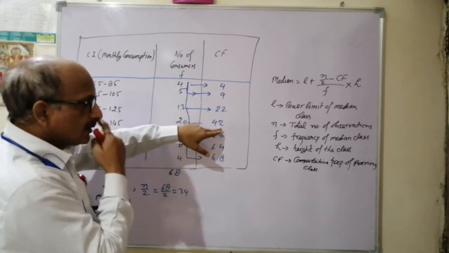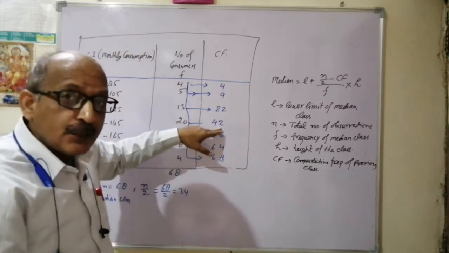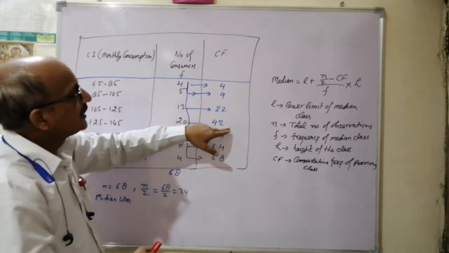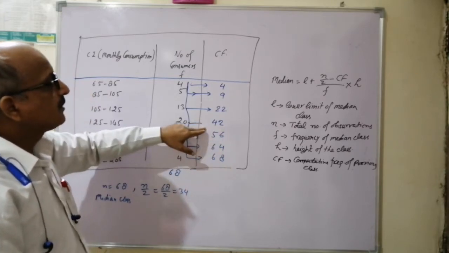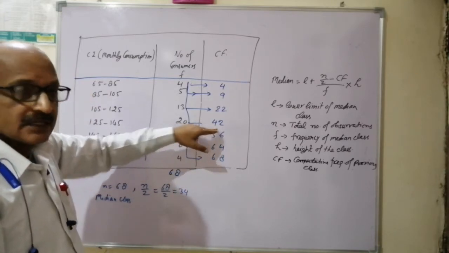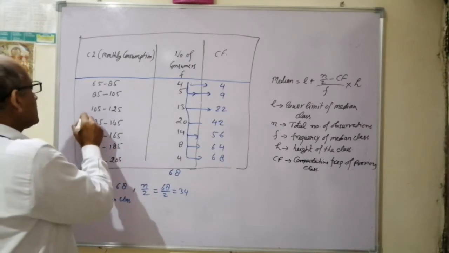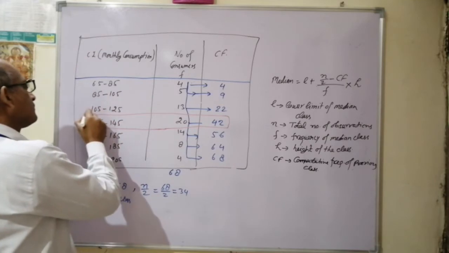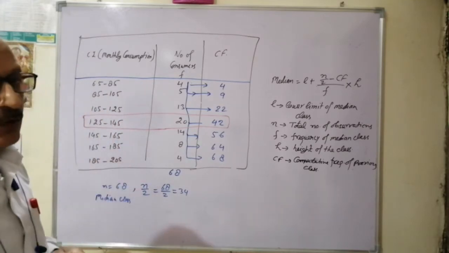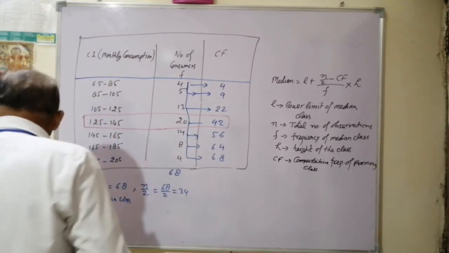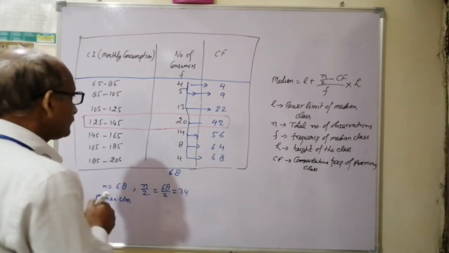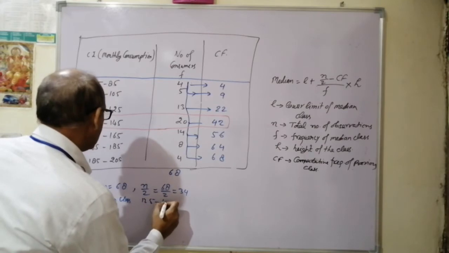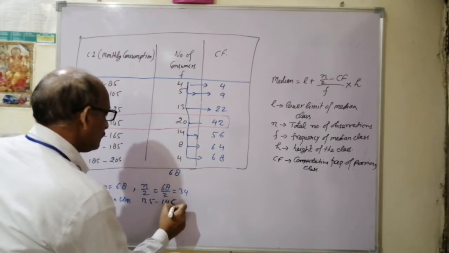Now come here: up to here there are 42 observations, and we have to get the 34th observation. Obviously the 34th observation will be somewhere in this class, so this class is to be considered the median class. So the median class is 125 to 145.